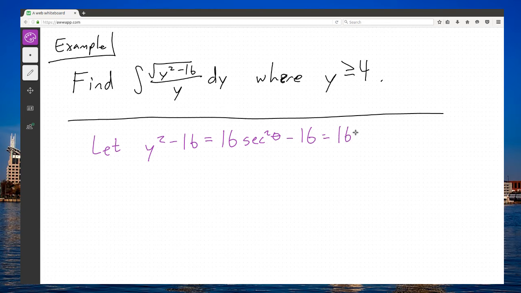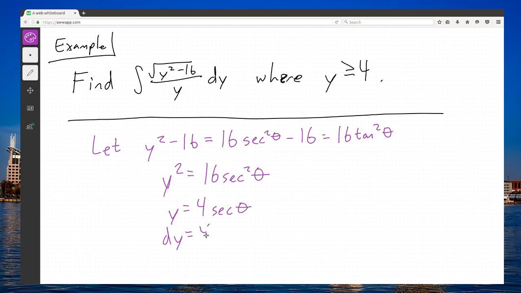And that would be 16 tangent squared of theta. Okay, so then that means my y squared is 16 secant squared, adding 16 to both sides of the first equation. So y is 4 secant, and dy is 4 secant tangent.